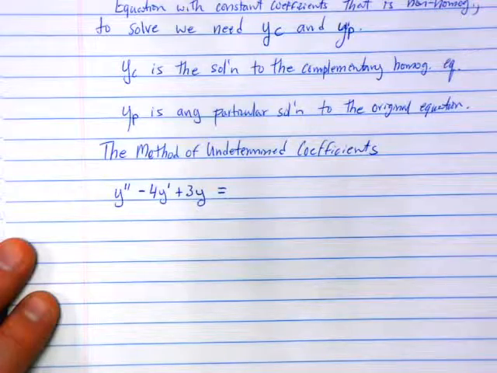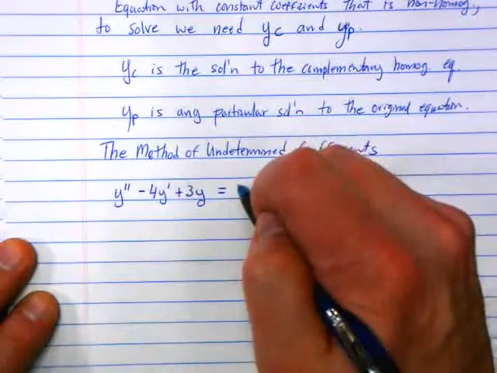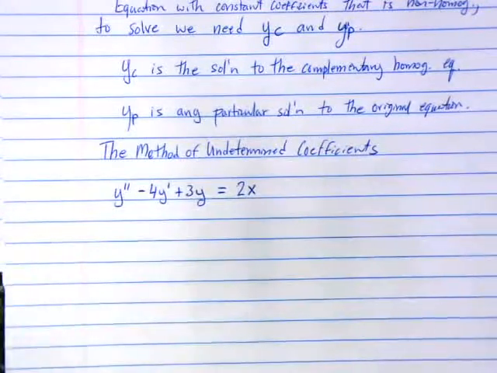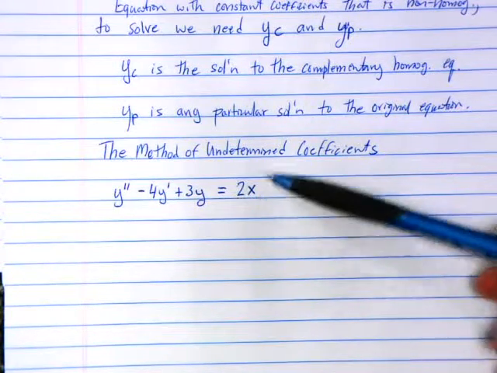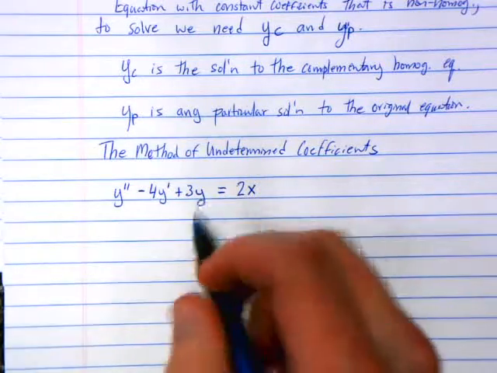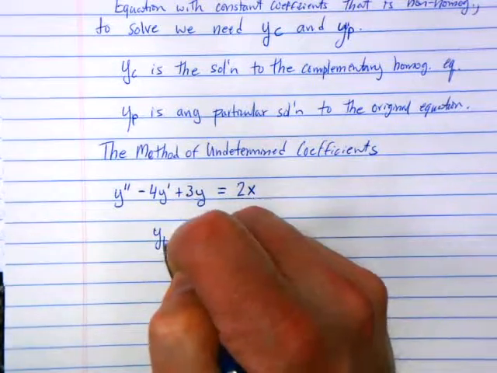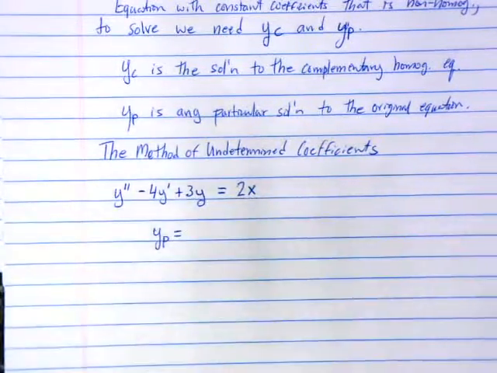Anything except 0. 2x. Okay, so we have a 2x over here. We need to make a guess at what we think the particular solution might be, and then see if we can make it work. Anybody got a guess?